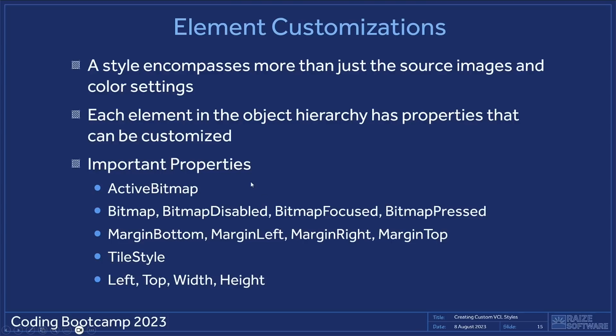Some things that become important when we're doing element changes is you have various bitmap properties, active bitmap and bitmap. There's bitmap disabled, focused, and pressed. As you can gather, these describe these states. So which image from that source image material gets used, but it's a little bit more than that because you have to define what subsection of that source image gets used.